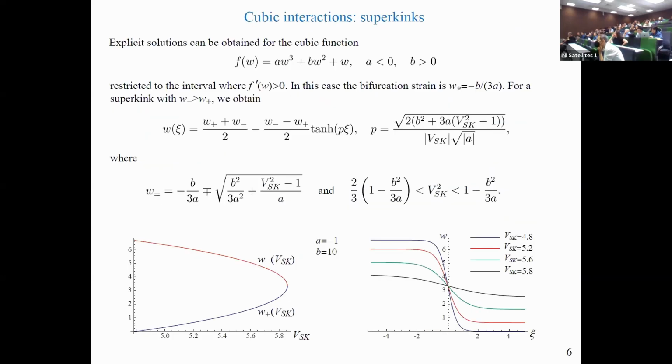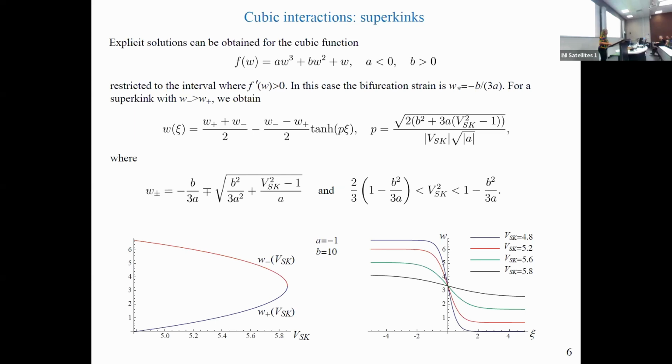Okay, so in this simple case of cubic interactions, you can actually obtain the solution. In any case, we have a first order system, so in principle we could integrate it for different potentials, but for cubic potentials, you can obtain nice explicit solutions. So here I'm taking a cubic function. In terms of the FPU model, this is the alpha-beta FPU model.